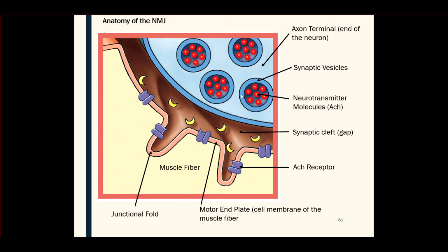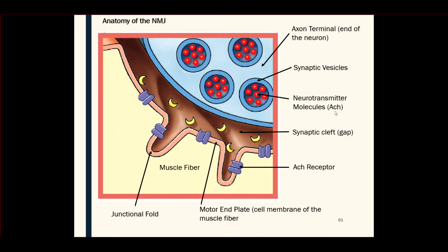These round structures right here, these are known as synaptic vesicles. But instead of being a water balloon containing water, these red dots here represent a chemical, a neurotransmitter. One of the ones you may have heard of is known as acetylcholine.